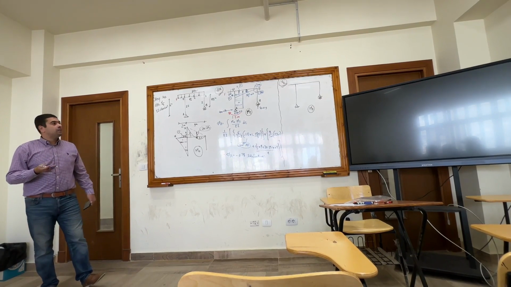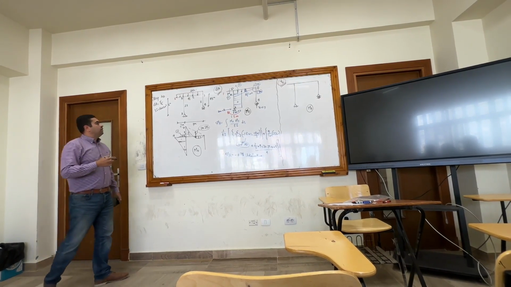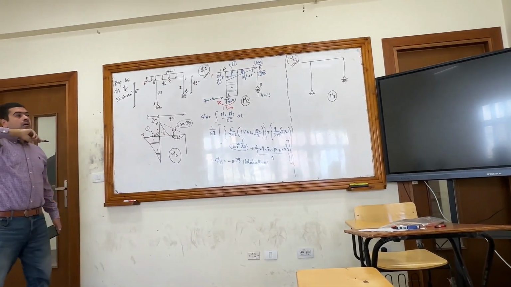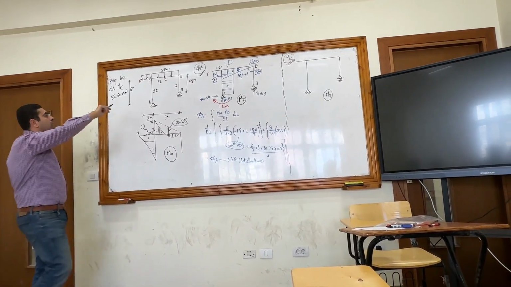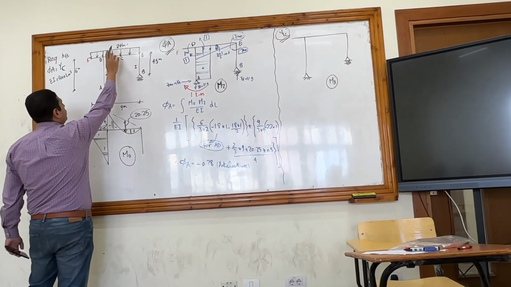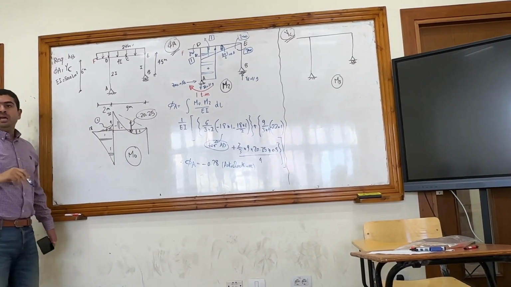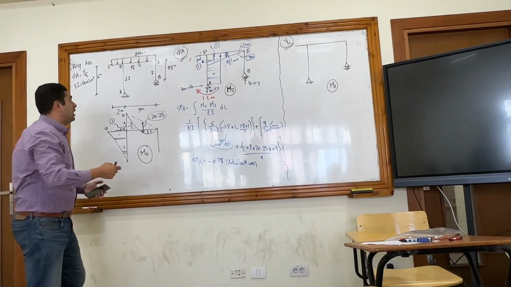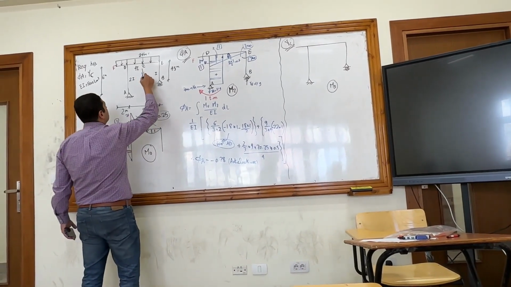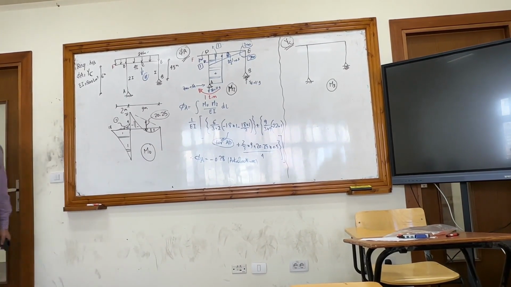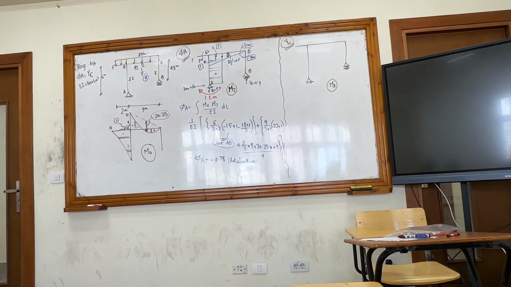Can I do the member DE and put the concentration of the distributed load, 2 times 9 is 18, as what I did when I drew M node? I did this 2 times 9 is 18, and then I calculated the reactions and then I drew the bending moment diagram, which is M node.